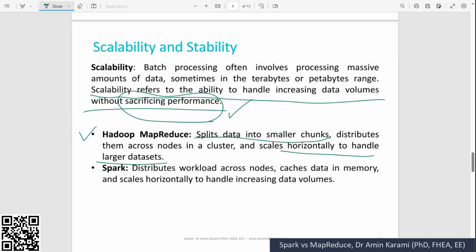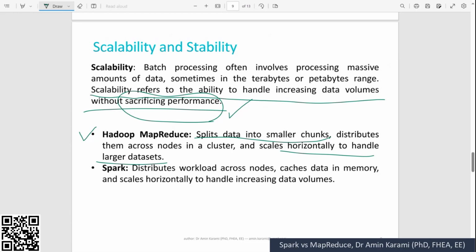What about Spark? Spark distributes workload across the nodes. For Spark, there is no storage like HDFS in Hadoop. Whenever you want to work with Spark, you can take advantage of HDFS from Hadoop, or you can read data directly.